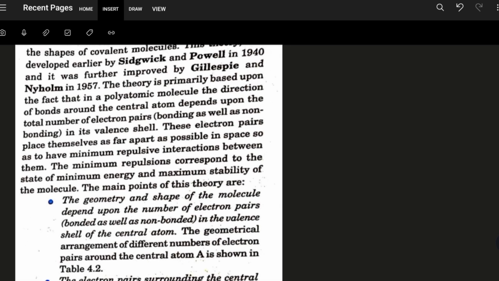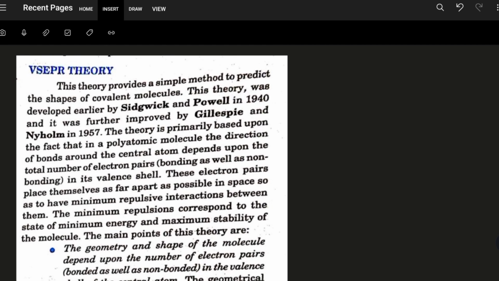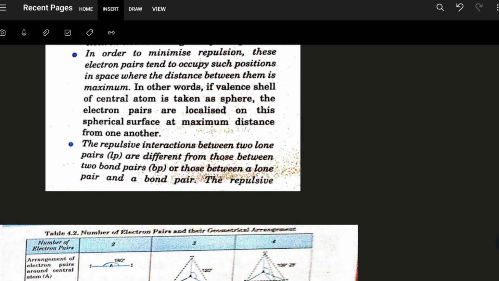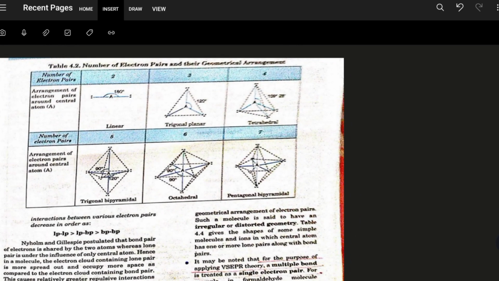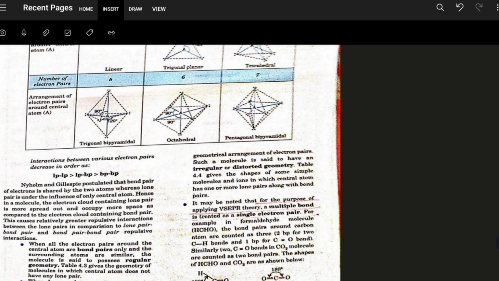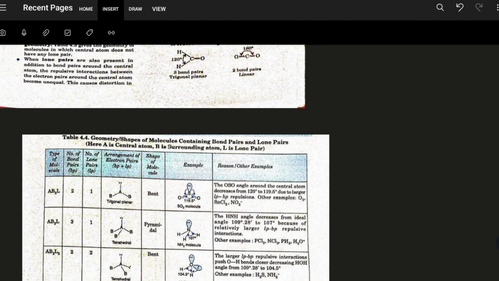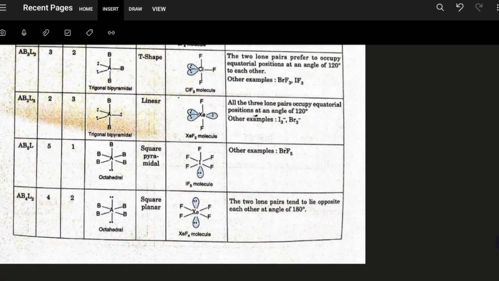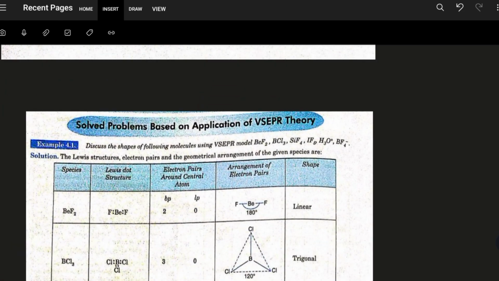Now, we have seen the basics from the NCERT book. Same thing is here. VSEPR theory, what are the postulates, everything is here. Okay. So I will just tell you to go through this and see what are the structures, if you get anything extra. But till where I am scrolling, you will not get anything extra.